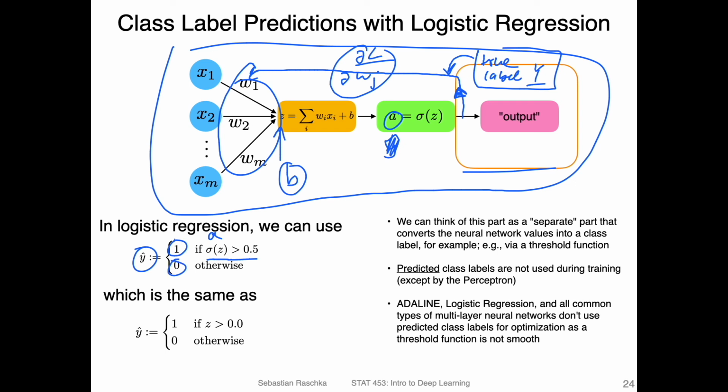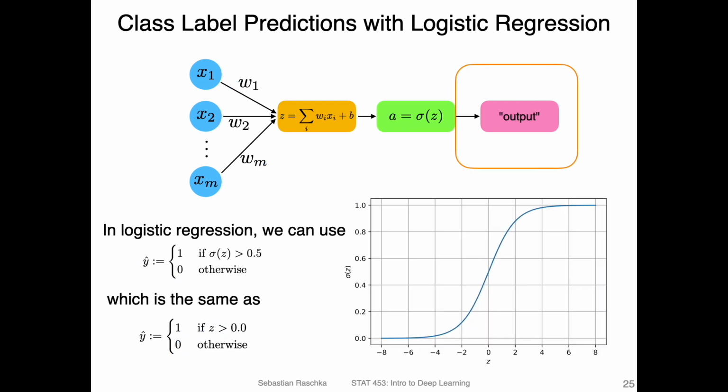Actually, we can do it even more computationally efficient during prediction. We can even skip the activation function, and we can just operate with Z. We can say if the net input is greater than 0, then the label is 1, otherwise it's 0. Why is that? If we take a look at the logistic sigmoid function again, here that's the net input at 0. So at 0, the output is 0.5.